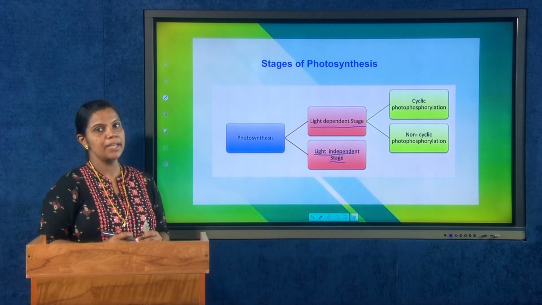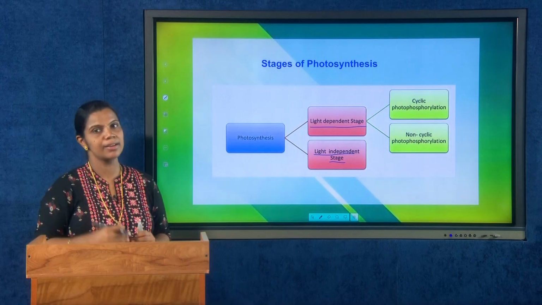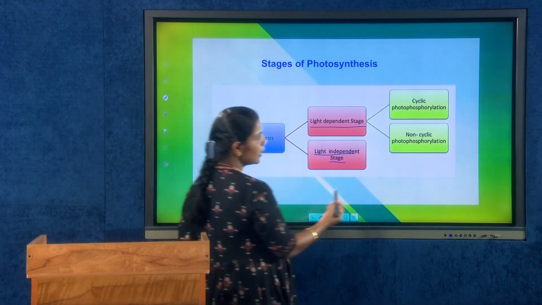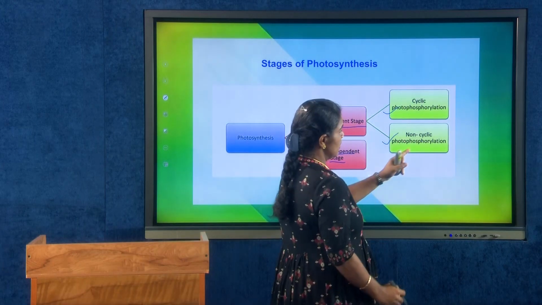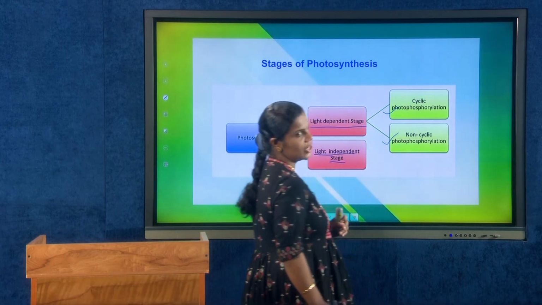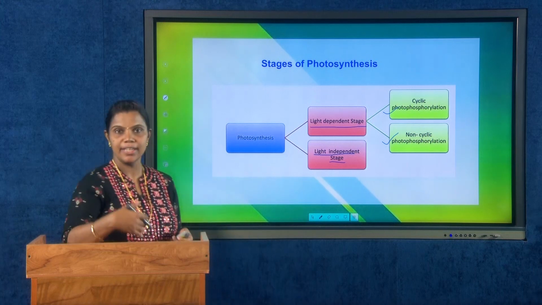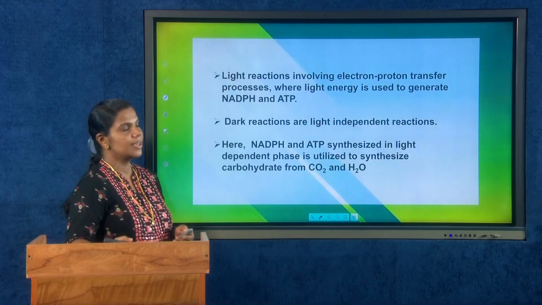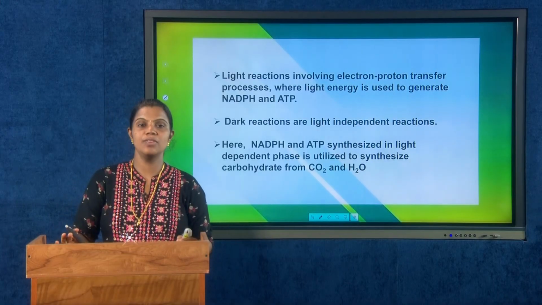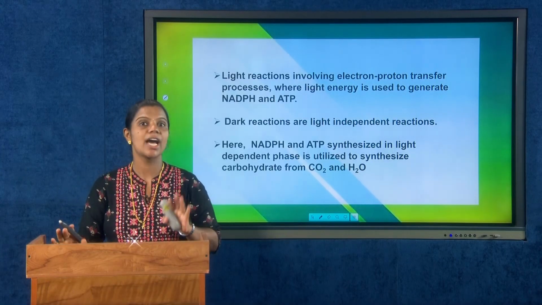The light dependent stage is again categorized into cyclic photophosphorylation and non-cyclic photophosphorylation. We will see what it is in the coming slides. So, first we will see what are light reactions and dark reactions.